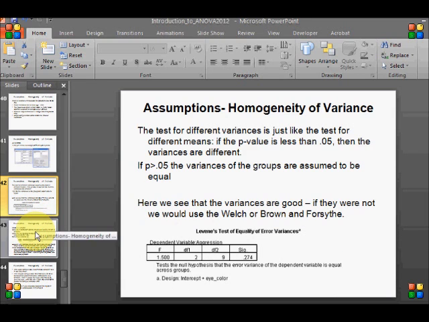One thing that is nice about the homogeneity of variance test is that, like in an independent samples t-test, it gives me, if I request it, the Levene statistic, which is my little F ratio, that tests whether or not I do have variances that are different. Again, if my p-value is smaller than 0.05, I say that the variances are in fact different, and I need to do something differently.